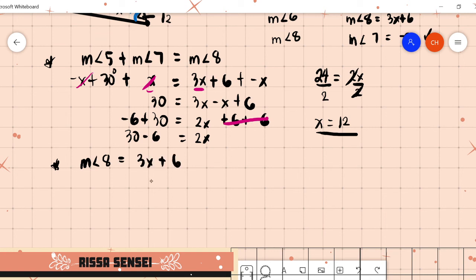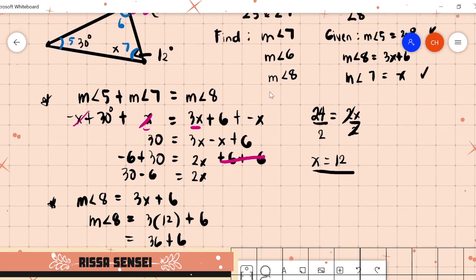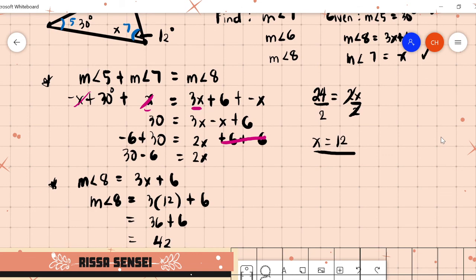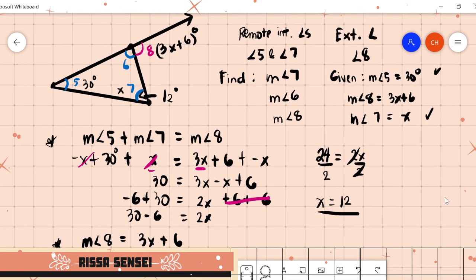Then, we know that x is equal to 12. Substitute 3 times 12 plus 6. So, this is equal to, ilan to? 12 times 3 is 36 plus 6 equals 42. So, ibig sabihin, the measure of angle 8 is 42. Medyo hindi nga lang realistic sa drawing kasi kinuha ko lang yung given. Anyway, patawarin nyo na yan. So, meaning, measure of angle 8 is 42 degrees.